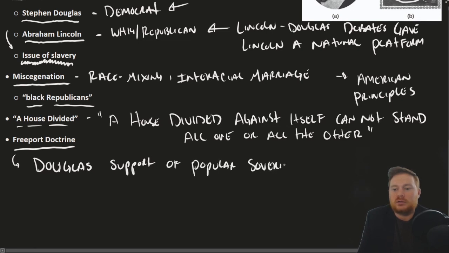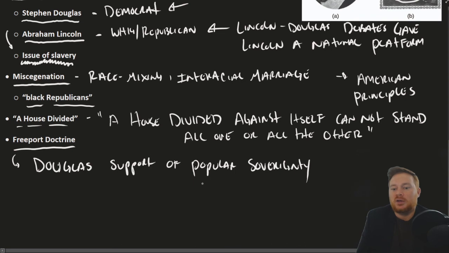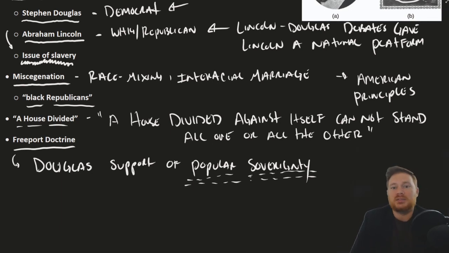Douglas is someone who really doesn't care whether or not a territory becomes free or slave. What he cares the most about is that the democratic process takes place. And so the fact that Douglas continues to stick to popular sovereignty rather than the clear pro-slavery position loses him a lot of votes in the South and damages his status as a national figure, especially amongst Southerners.